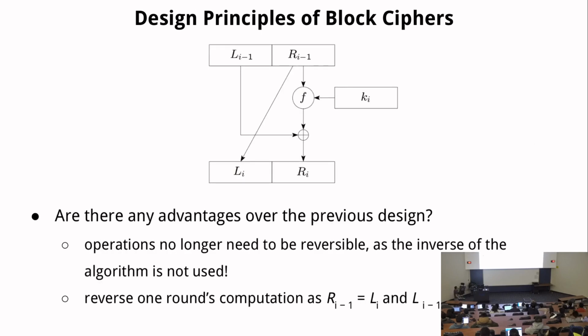So if we draw a figure, it will look like this. For each round, we have the input. We divide the input into two parts, left-hand side, right-hand side. The right-hand side directly becomes the new left-hand side.